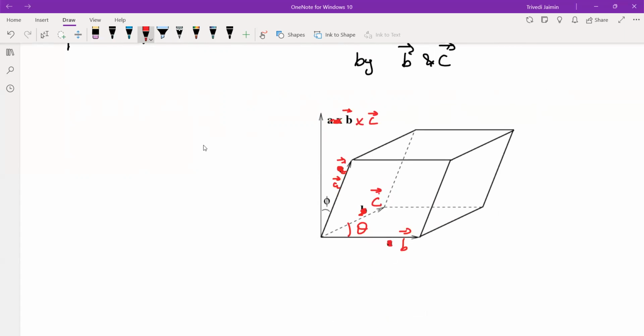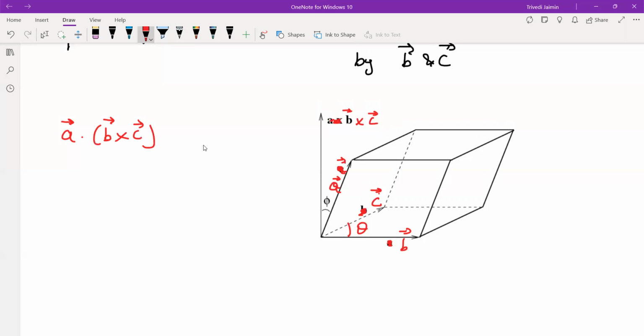Okay, then let's write it in 3D form. A vector dot B cross C. Whatever alphabet I'm using, you just see the diagram first, then you write. Don't write right now, I'll give you time.